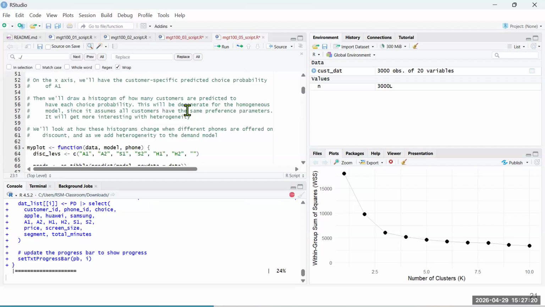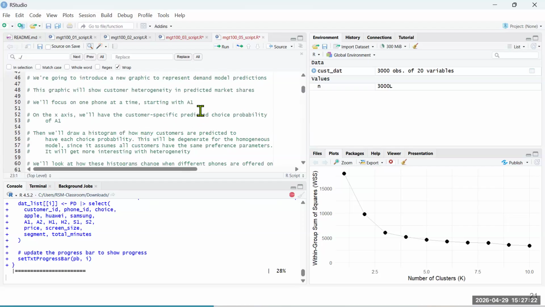I mentioned that the number one criterion for evaluating a model is its performance on the reason that you're using it. And so when we're adding heterogeneity to our demand model, one of the things we really want to pay attention to is how do predicted market shares change when we put heterogeneity into the model?